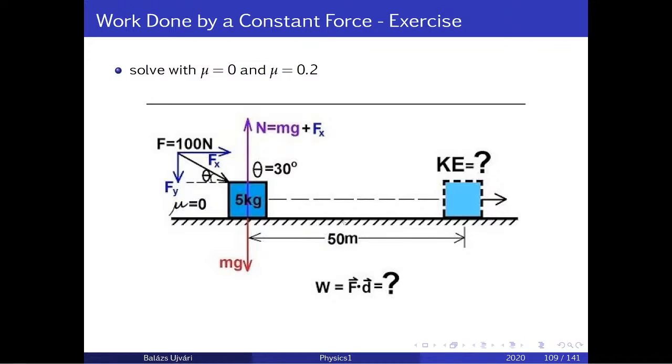And it's also true only if mu equals 0. In this case, the work, which is energy transfer, only changes the kinetic energy of the system, in this case of the box.